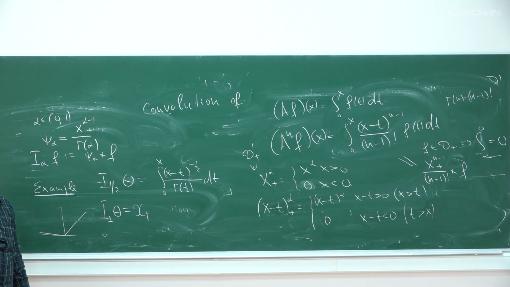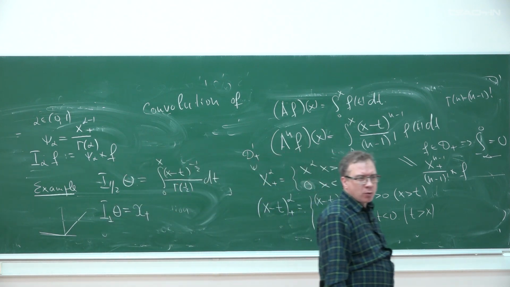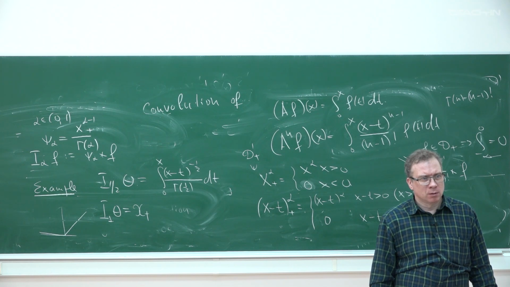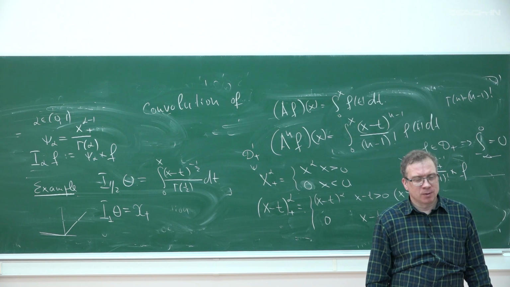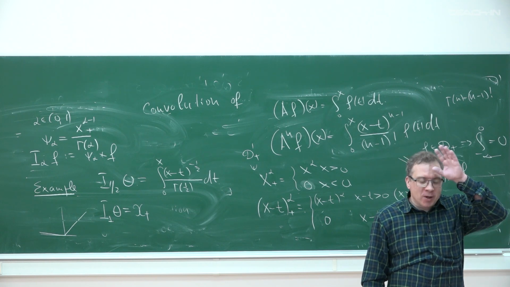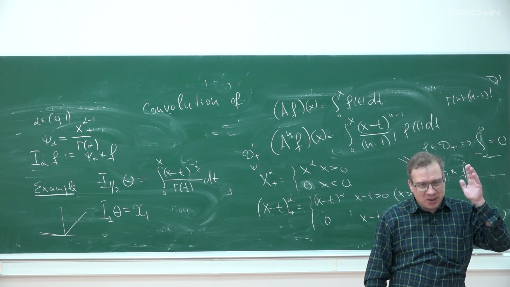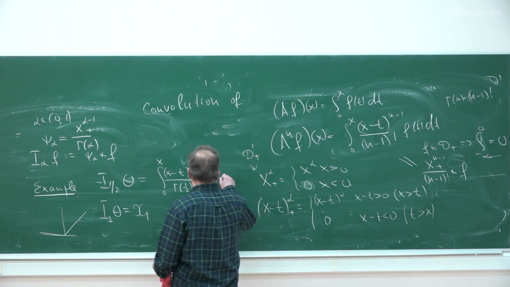What is the gamma of 1/2? What is the value of the gamma function at 1/2? Who remembers? Square. Any correct formula must contain square root of 2, pi, and e. Square root of pi, yeah.